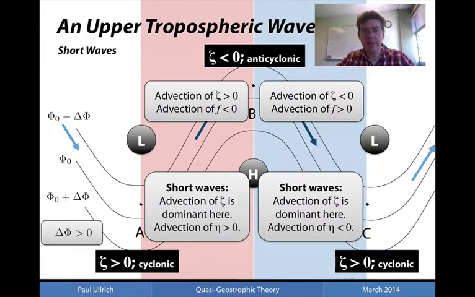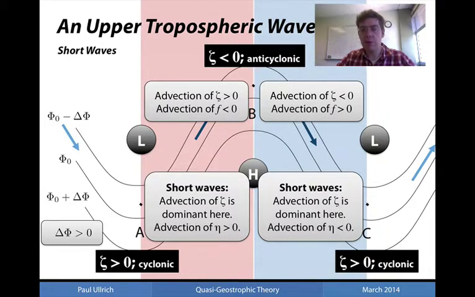So looking at this in the context of an upper tropospheric wave, recall from earlier that in the red region we had that advection of relative vorticity is positive and advection of planetary vorticity is negative. Hence for short waves this corresponds to relative vorticity advection being dominant, and hence advection of absolute vorticity being generally positive.